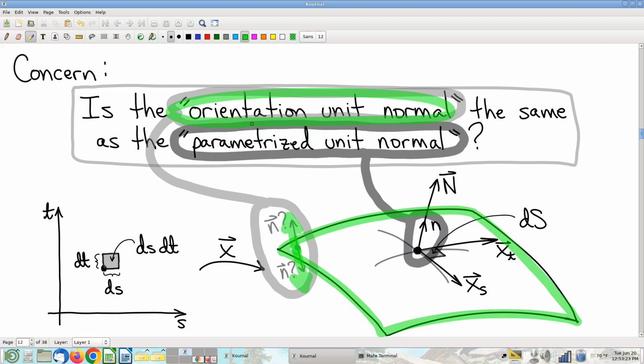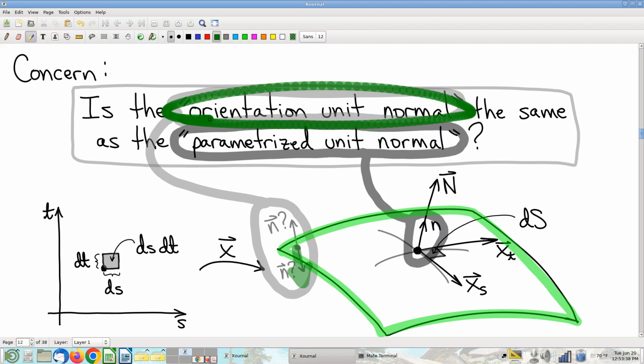Okay. Now, just to have an example to talk through, and to make it stand out on the page better, let me use the darker green. Let's suppose that we pick the dark green here as our given orientation for our surface.